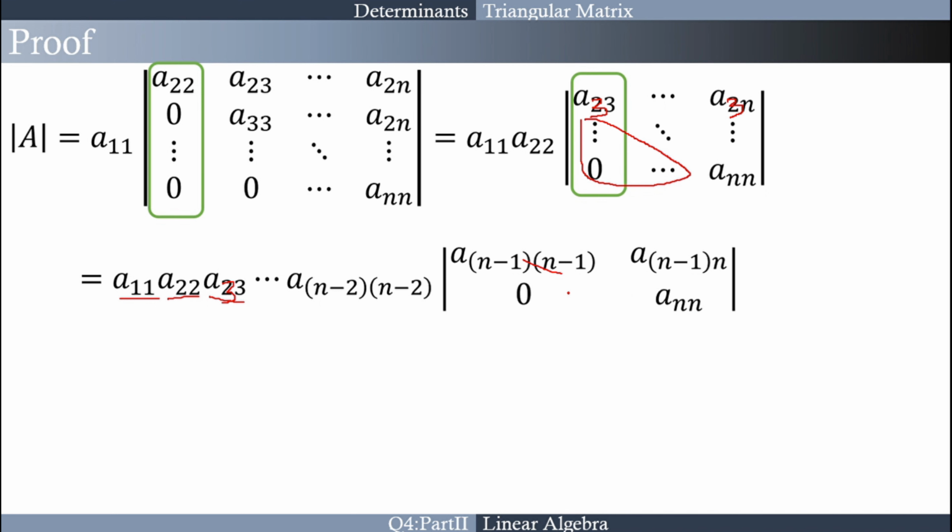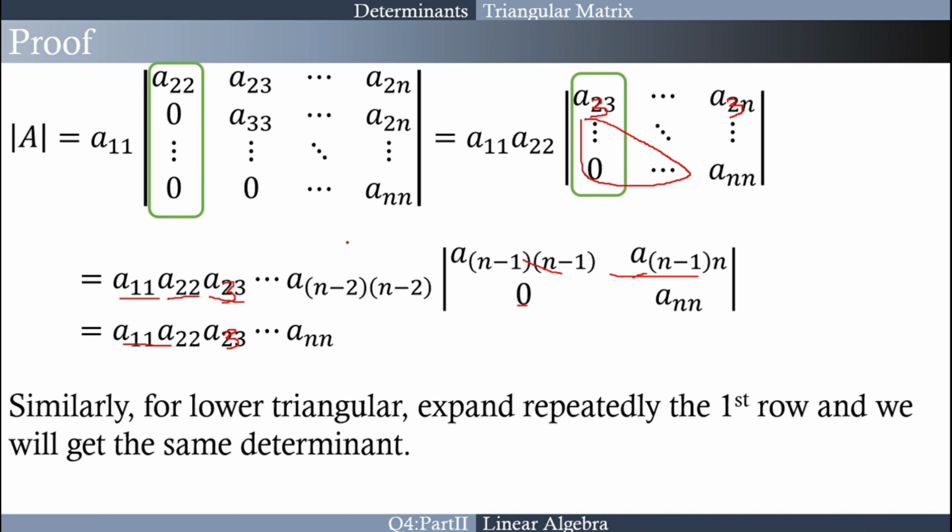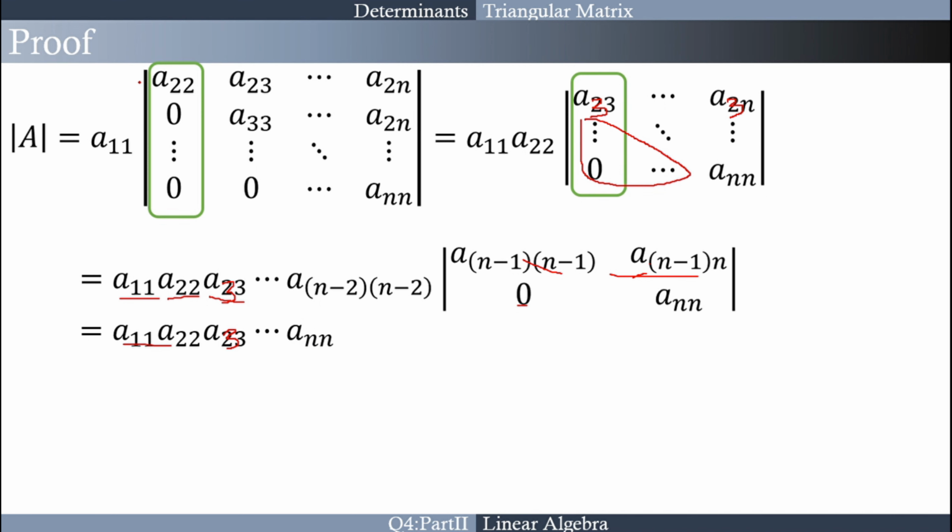The product of the entries a sub n, n minus 1 and a sub n minus 1, n is 0, so we are left with a sub n minus 1, n minus 1 times a sub nn. So now we get the determinant of our matrix A. It is the product of a11, a22, a33, up to a sub nn, which is just the product of its main diagonal in the upper triangular matrix. You can verify that.